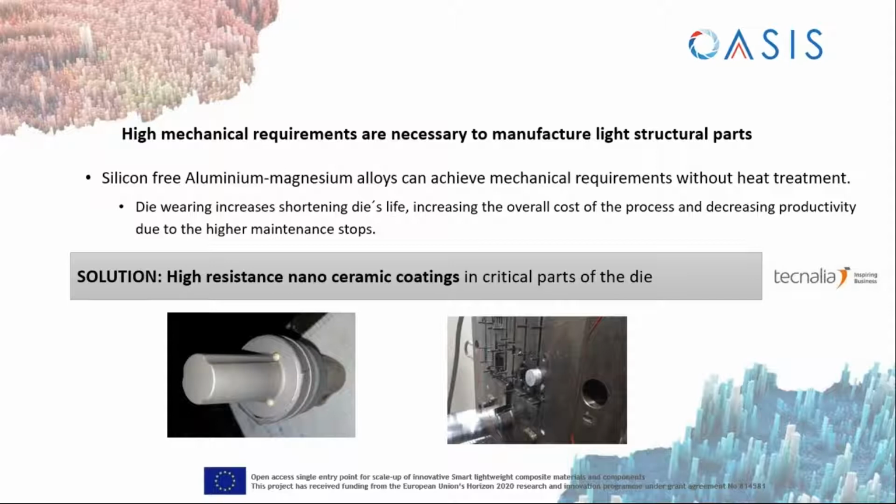And then you have to replace the tool. And this is quite expensive. And the idea behind this coating is to put a coating on the tool, this nano coating, and increase the lifetime from, let's say, 100,000 shots to 150,000 shots. It's really a big impact, as one of these tools costs hundreds of thousands of dollars.